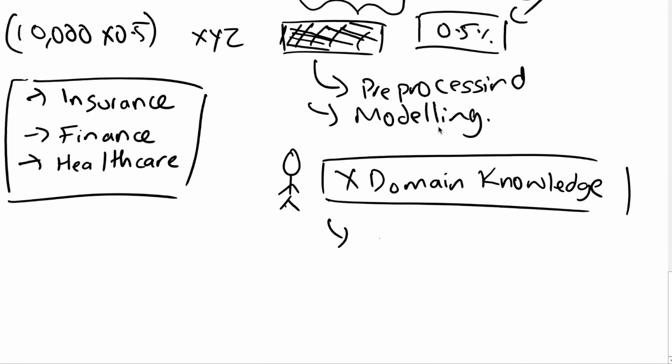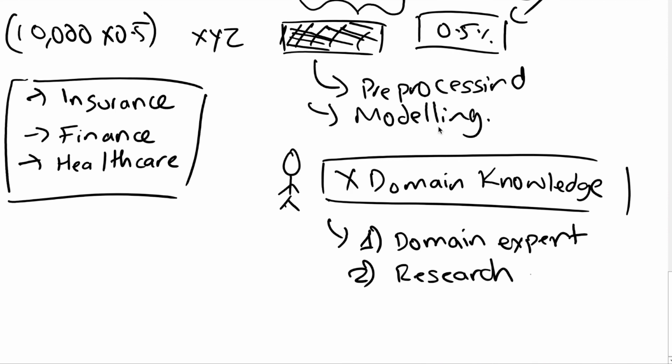You can firstly get some domain expert and understand how the process really works. You can do your own research, and Google is basically your best friend when it comes to this.